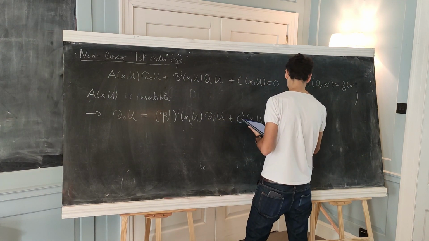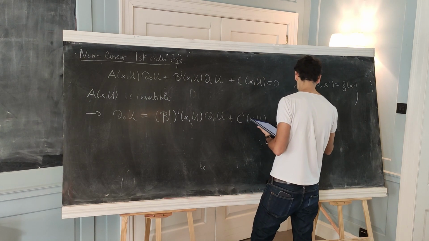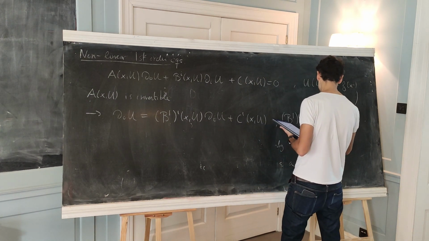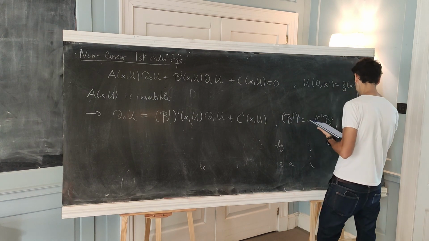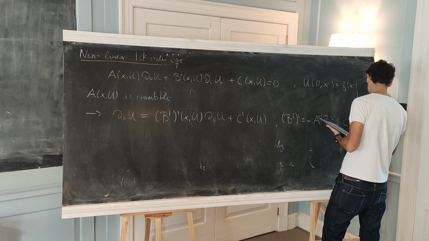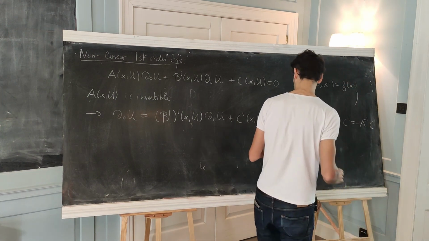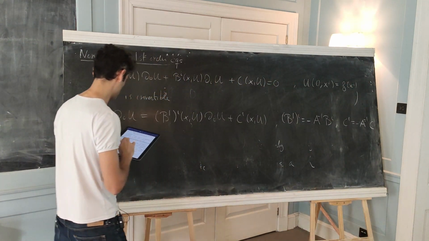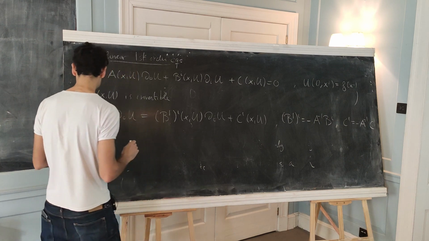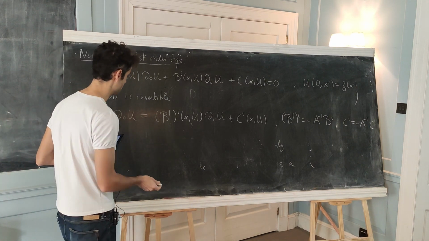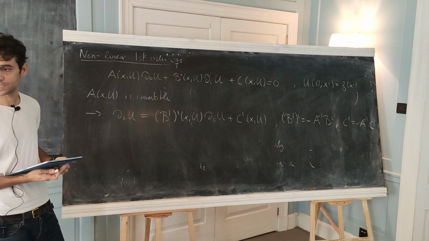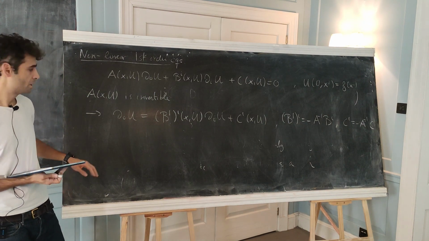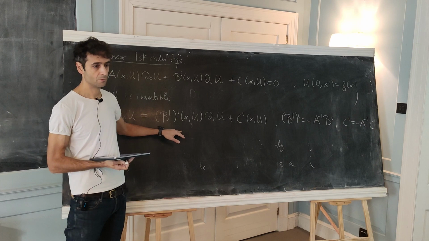This B prime is minus C prime. Now, to identify the principal part, we take the spatial Fourier transform and consider the term with highest derivatives.